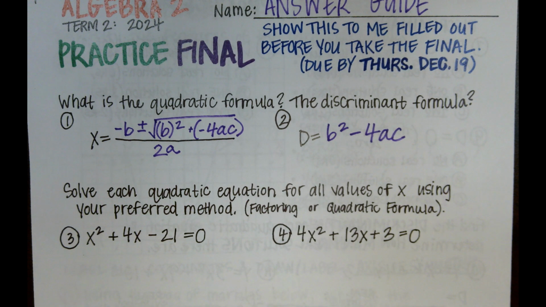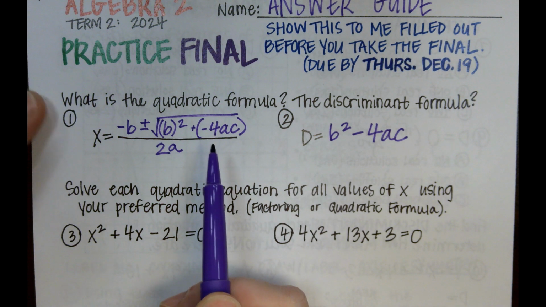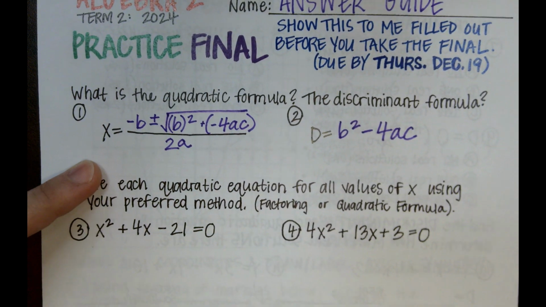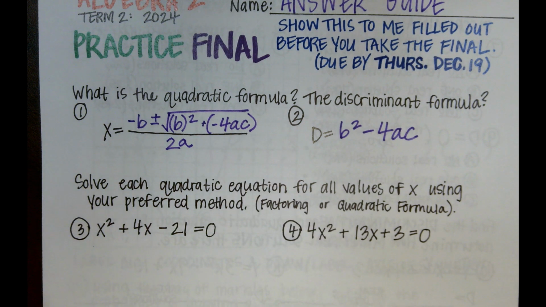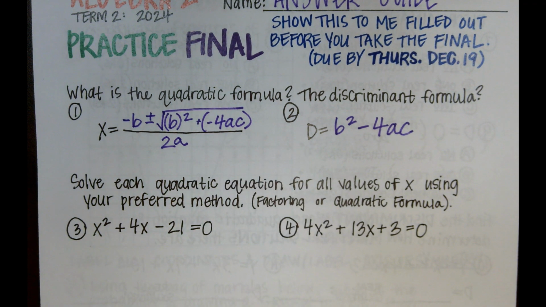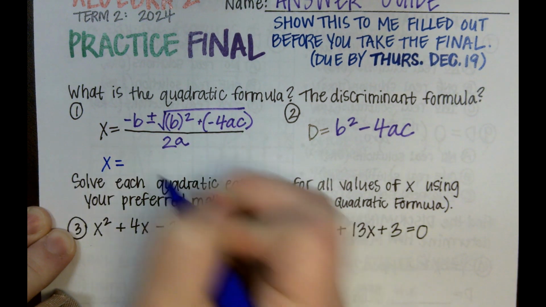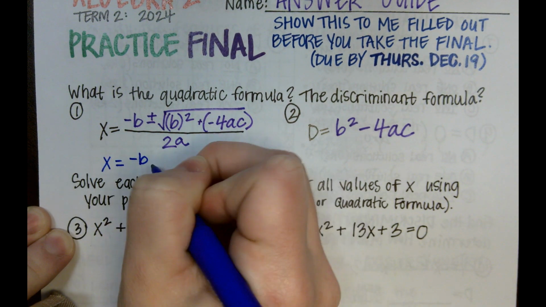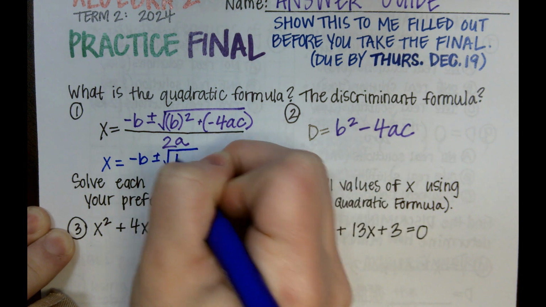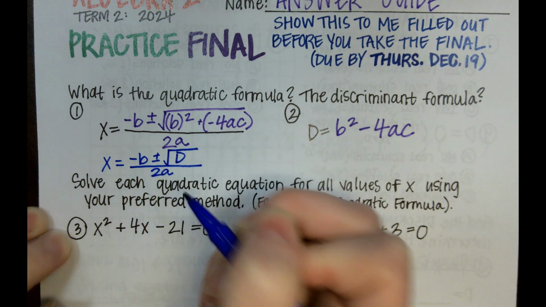Something I noticed while helping some students that may help all of you, especially if you're having trouble with the order of operations in the quadratic formula, is you could think of it like this. You don't have to use this if it confuses you, but if it helps, feel free. x equals negative b plus or minus the square root of the discriminant, all over 2 times a.